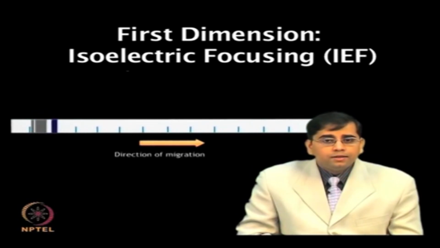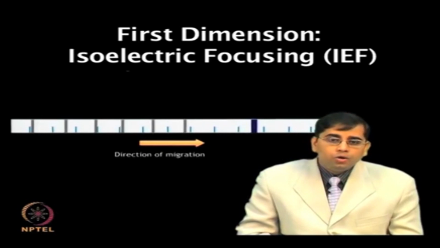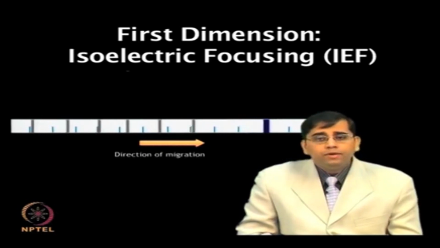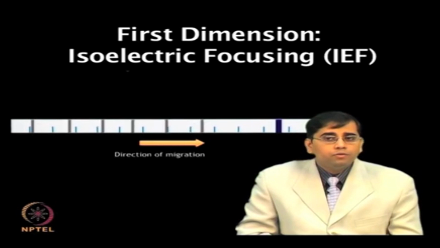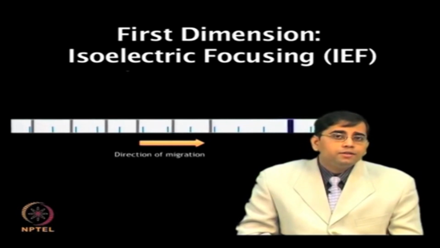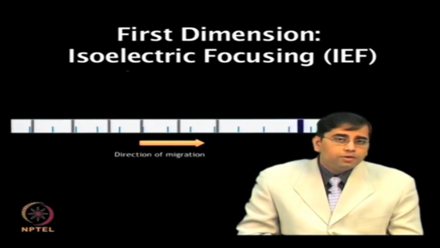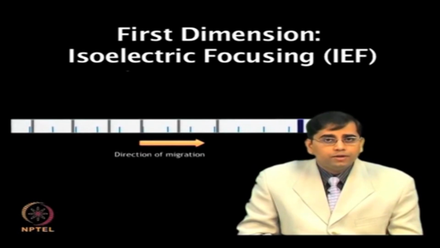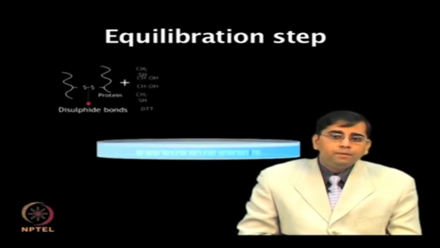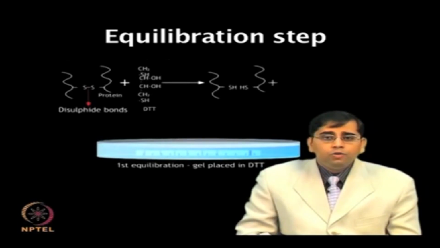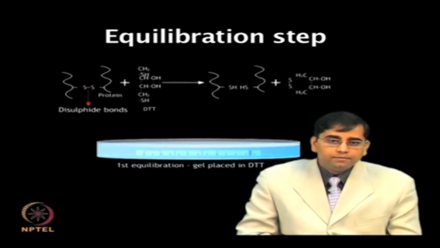The proteins migrate along the strip and come to a rest at a point where their net charge becomes 0, known as isoelectric point. Prior to the second dimension separation, an equilibration step is required.